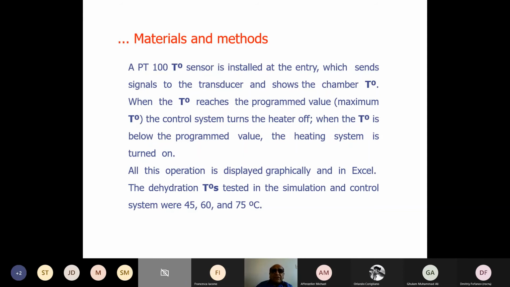When the temperature reaches the programmed maximum temperature, the control system turns the heater off. When the temperature is below the programmed minimum, the heating system is turned on. This operation is displayed graphically and in Excel. The dehydration temperatures tested in the simulation and control system were 14, 16, and 17 degrees Celsius.